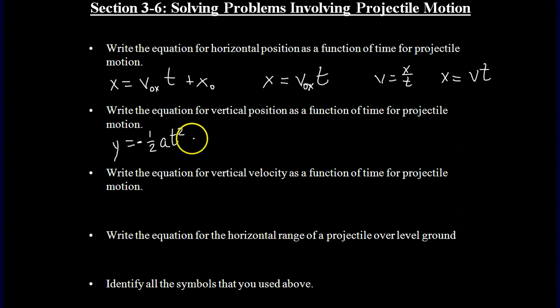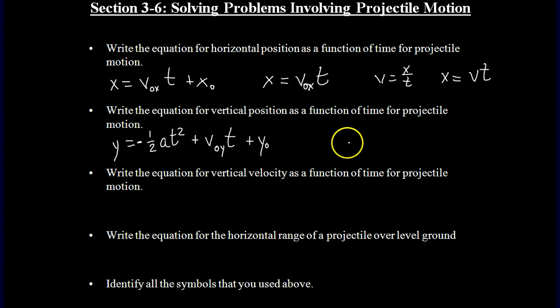So we've got to have that negative in front. Then the initial velocity in the vertical direction multiplied by time plus where it originally started from.